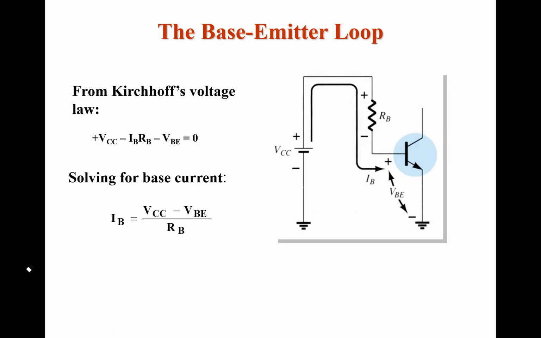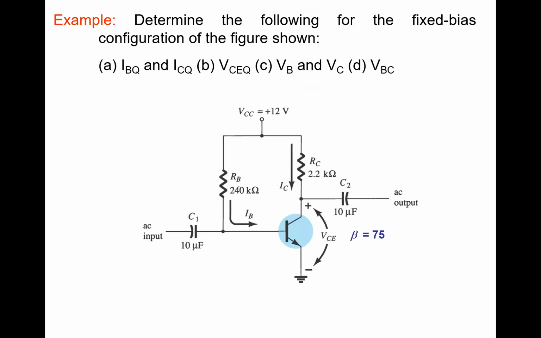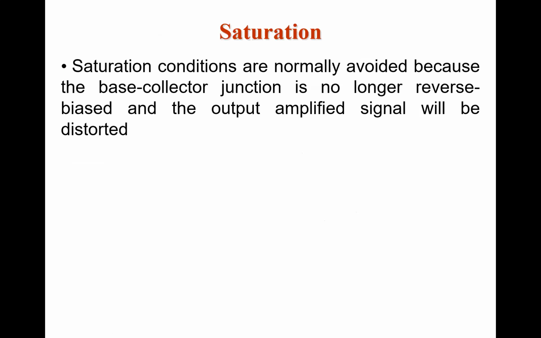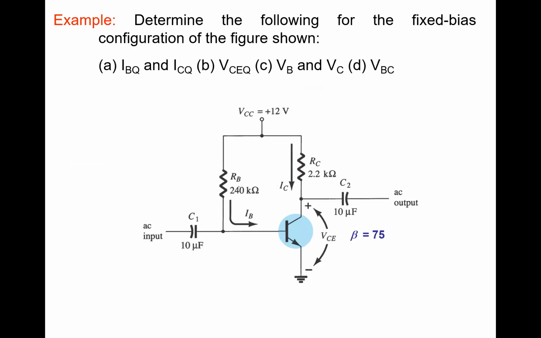And similarly, we are going to calculate the IC value. IC is equal to VCC minus VC by RC. Here we have to determine the IC value also. Once we know the IB and IC, it is very simple to determine ICQ and IBQ. Once we know the values of ICQ and IBQ, we simply determine the Q point on a DC load line.